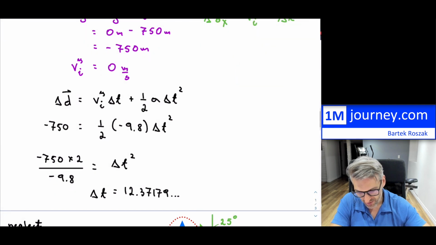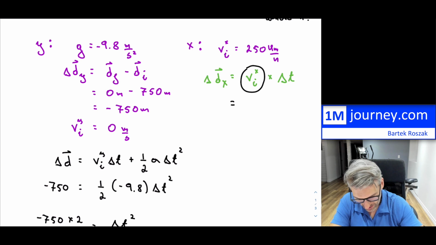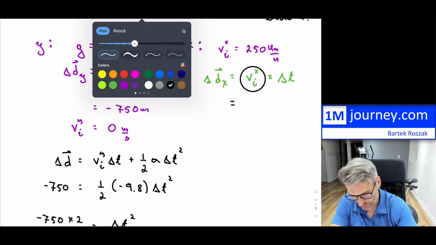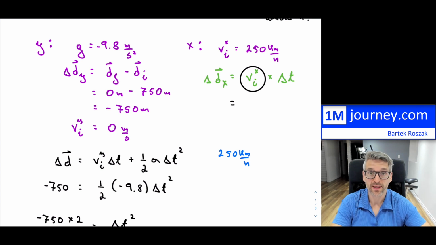So now that I have my delta t, it's going to be much simpler. So I have this right here. Now I can change this, so I'm going to do that on the side. So 250 kilometers per hour. Let's change that to meters per second so that it aligns with the unit.